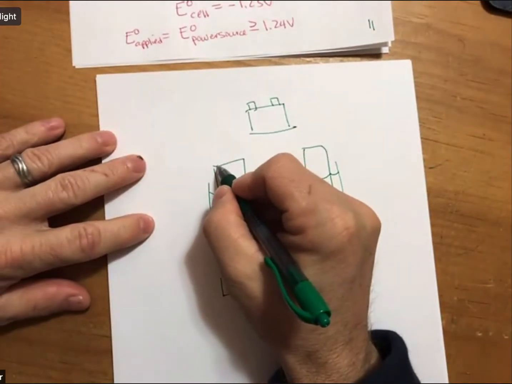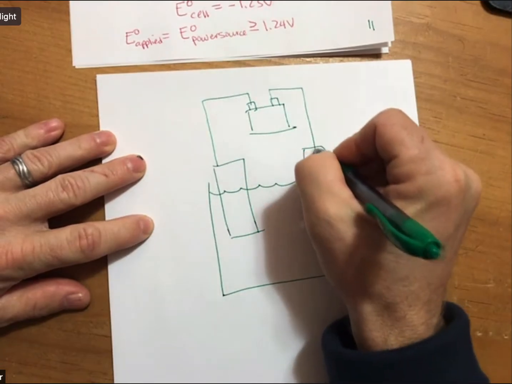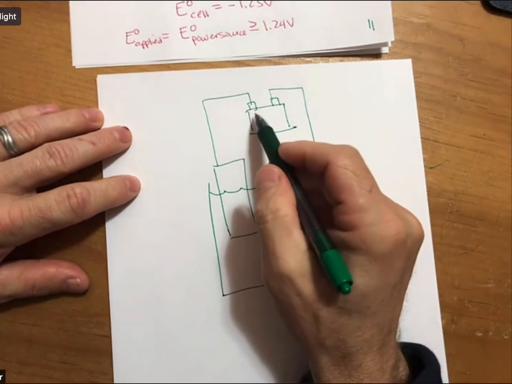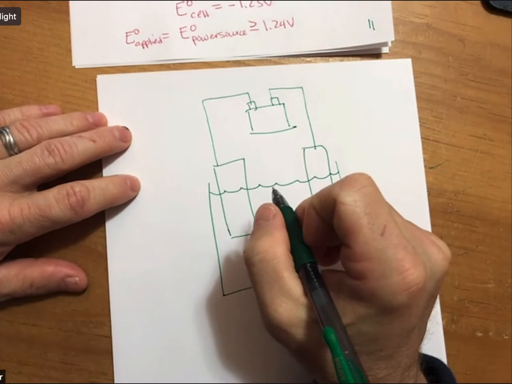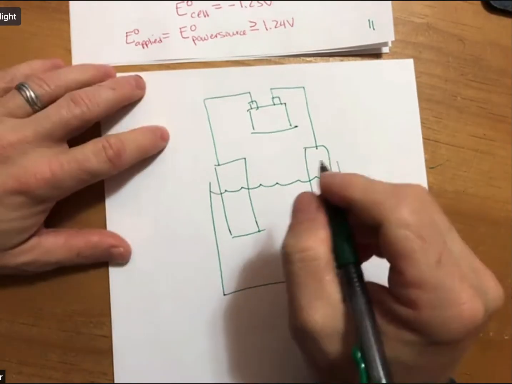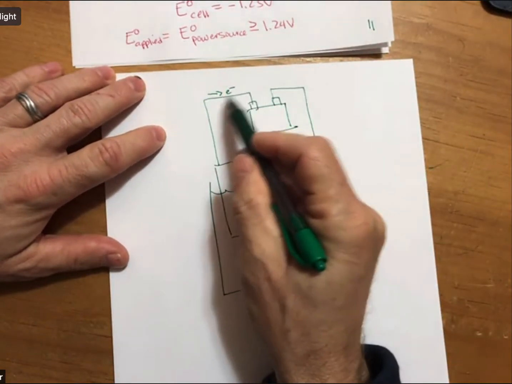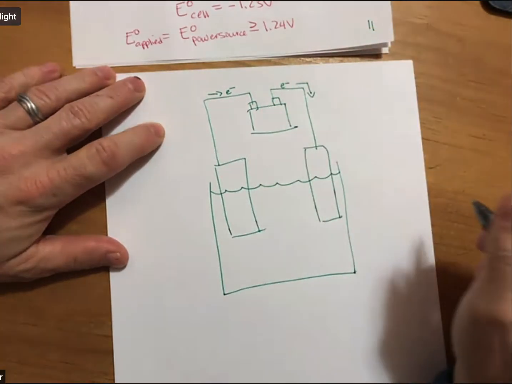But what you want is your 2 electrodes in your electrolytic cell hooked up to the leads of a car battery. And I'm going to do it just like I always do, so that my electrons are coming from this side and going to this side.